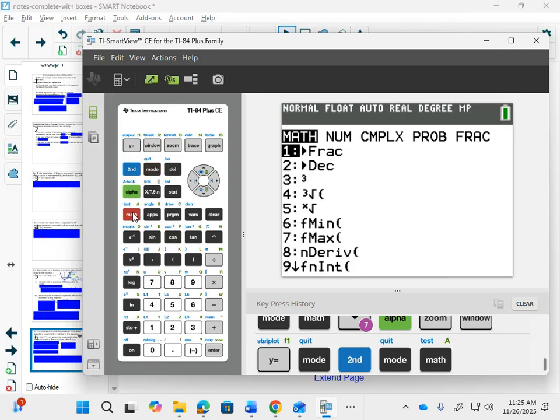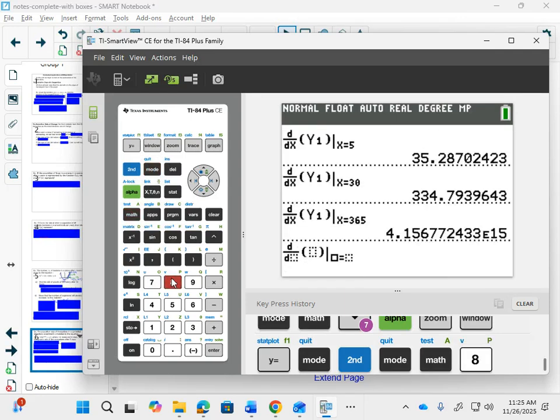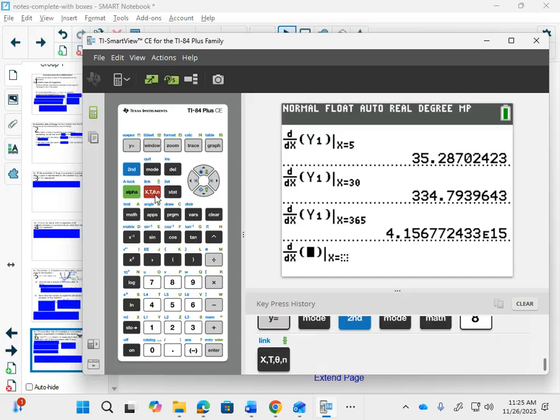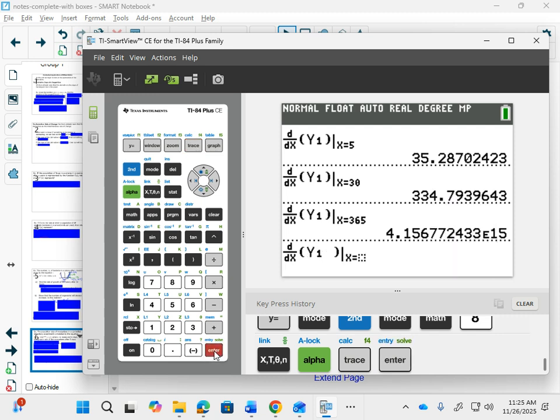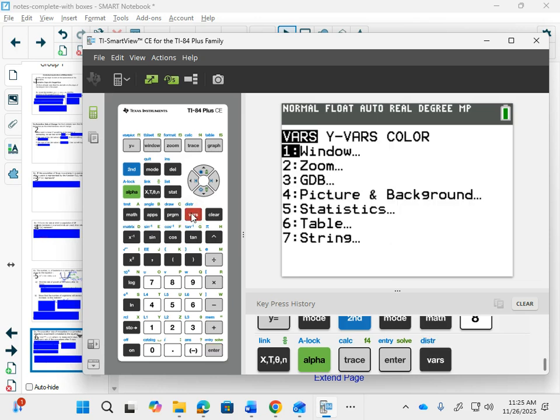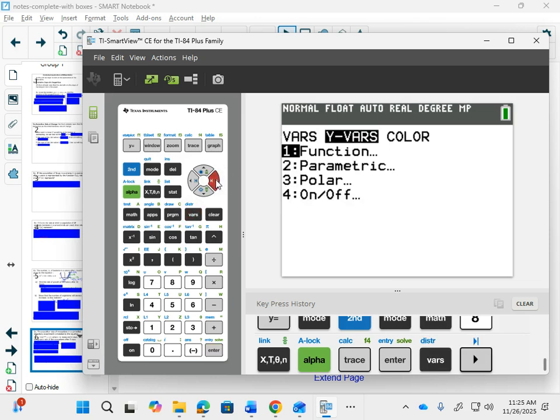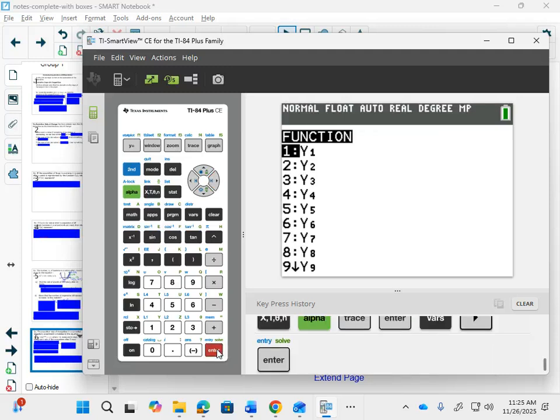So I go math and derivative number 8. Then I can go d/dx. I can get y1 from a shortcut menu. I can also get y1 under variables. So if you hit the variables button, and then you want y variables, and then you type functions, they're all listed there as well.